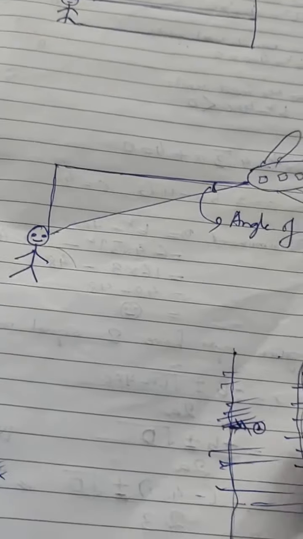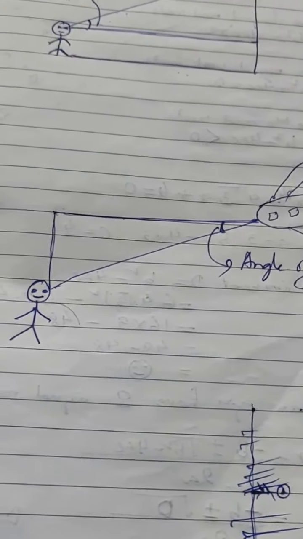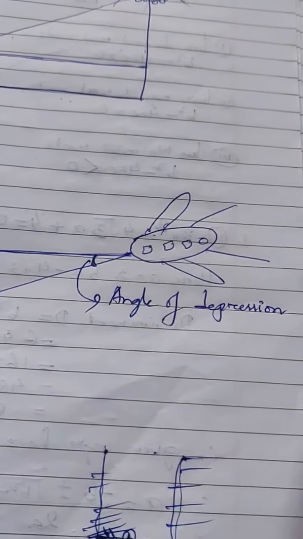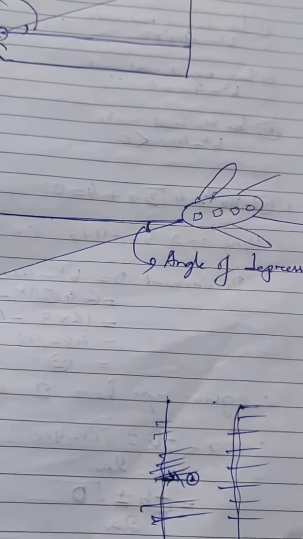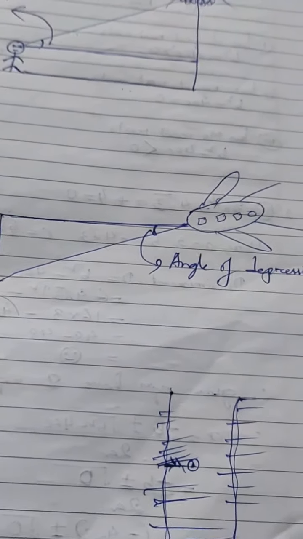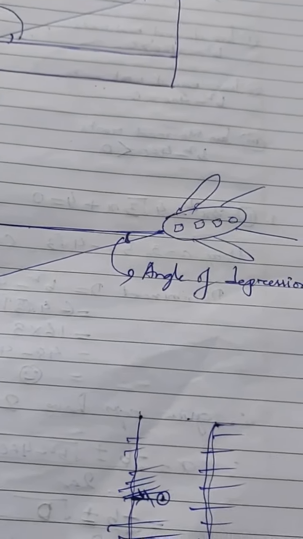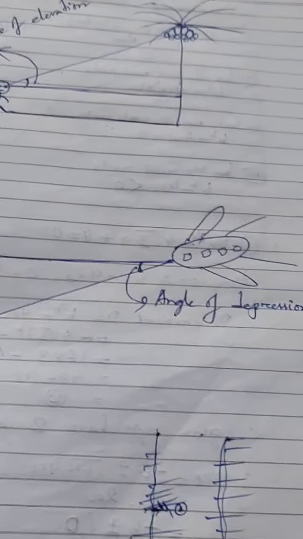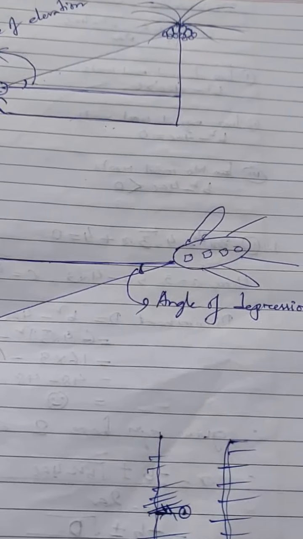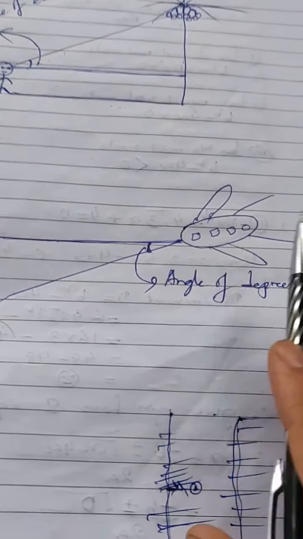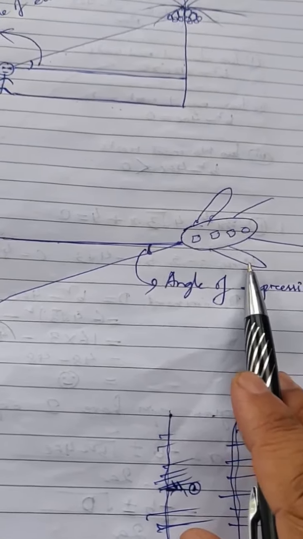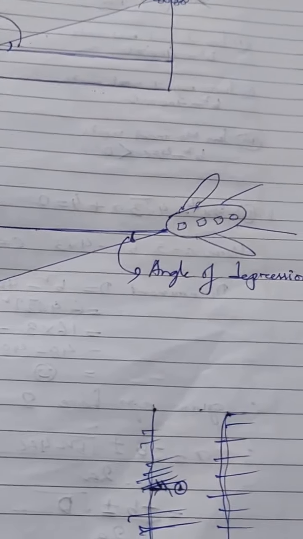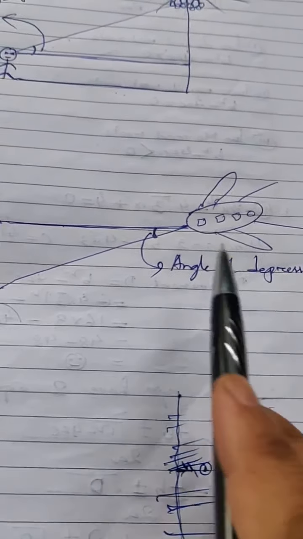Then next, as you can see here, this is another person, and this is suppose an aeroplane, and we know an aeroplane flies in the air. So if this aeroplane keeps going normally, keeps looking straight, then what will happen?